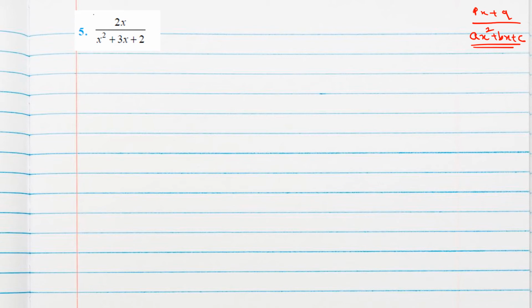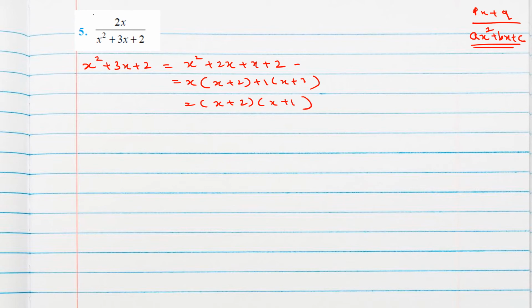So we can check here x square plus 3x plus 2 we can write as x square plus 2x plus x plus 2, isn't it? So that will be x(x plus 2) plus 1(x plus 2). That means we can write it as (x plus 2)(x plus 1). So the integral will be 2x by (x plus 1)(x plus 2). So this is the fraction form.